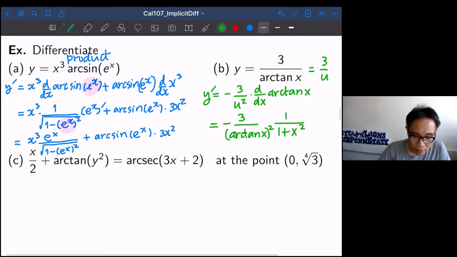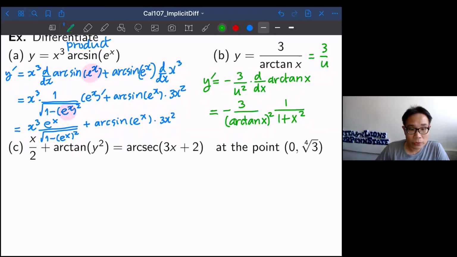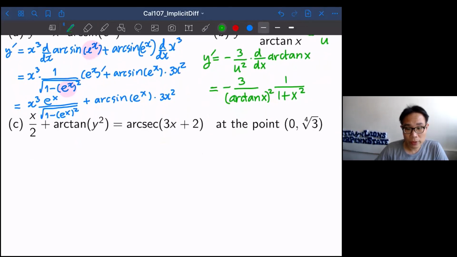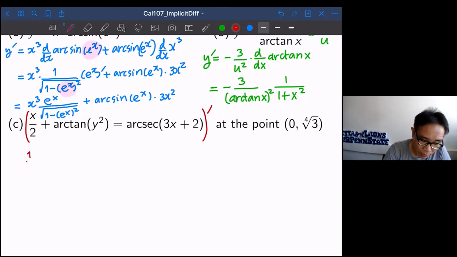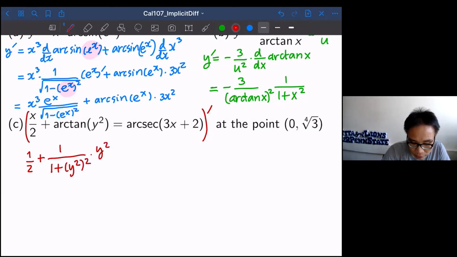Okay. Last one, you have x over 2 plus arctan y squared equal to arcsec of 3x plus 2, okay. So in this case, you're going to find the derivative of both sides implicitly. So you get 1/2 for the first term. Then the derivative of arctan y squared is going to be 1 over 1 plus y squared squared, times y squared prime, equal to the derivative of arcsec.